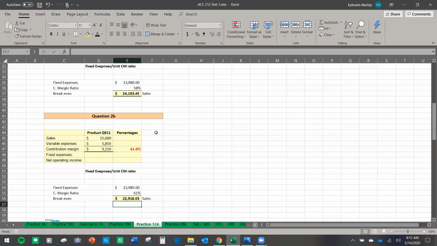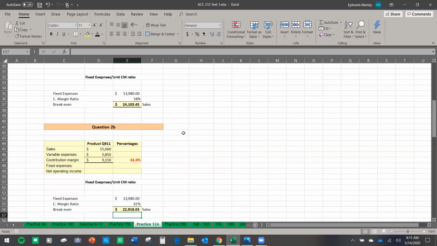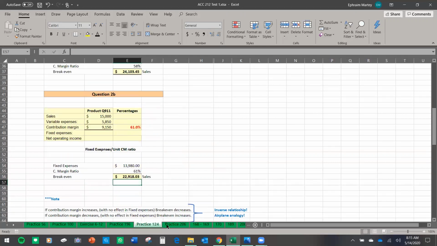22,980. Great. Now, we were asked, what will happen to the break-even point for the company? Explain. I'm going to make an analogy, so you will see. First, pay attention to this. If contribution margin increases with no effect on fixed expense, fixed expense doesn't change, break-even decreases.